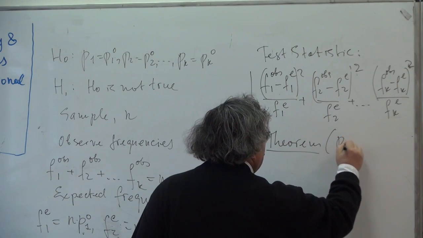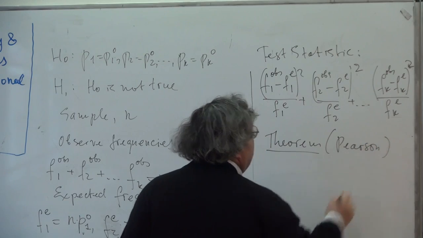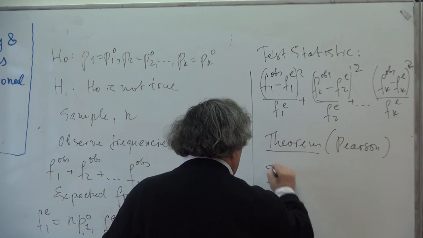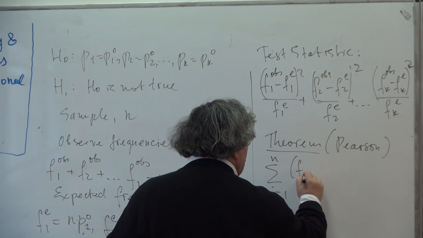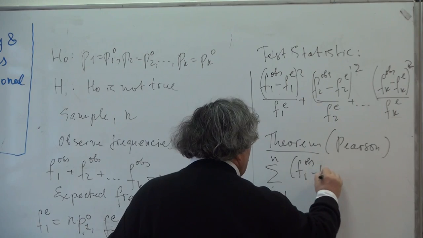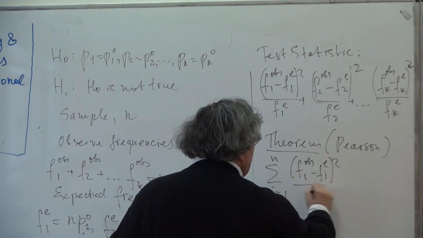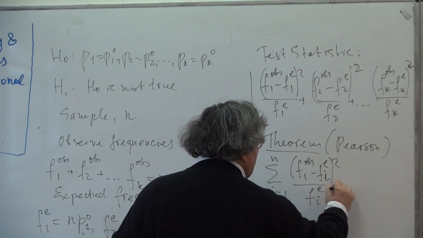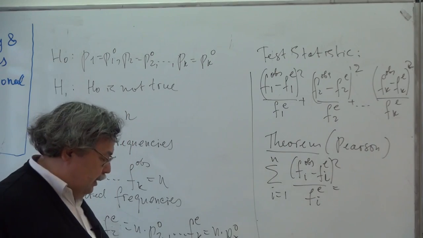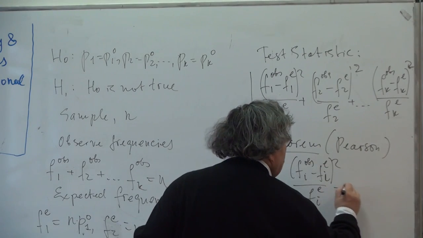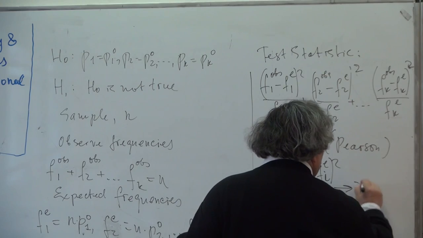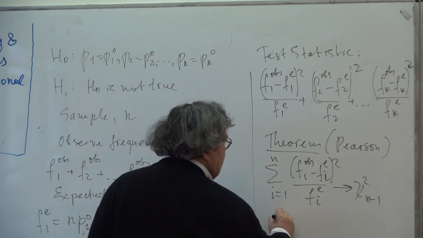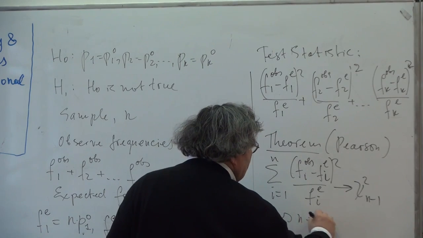Theorem attributed to Pearson: the sum of terms like this approaches chi-squared with k minus 1 degrees of freedom as n goes to infinity.